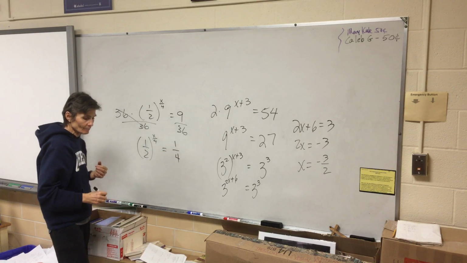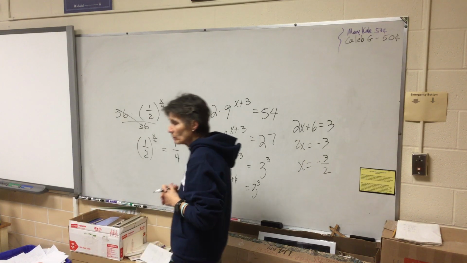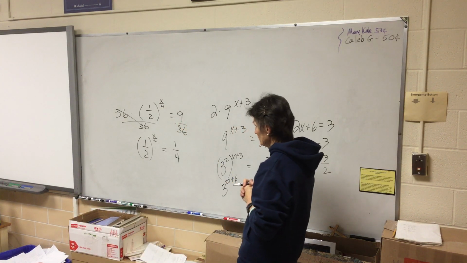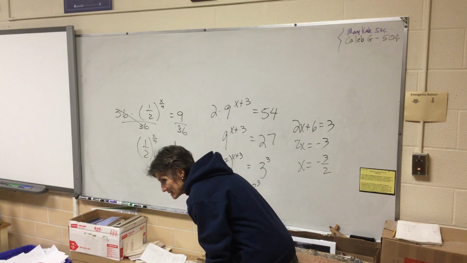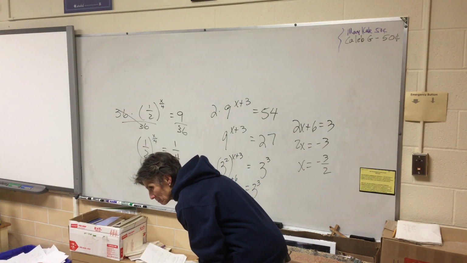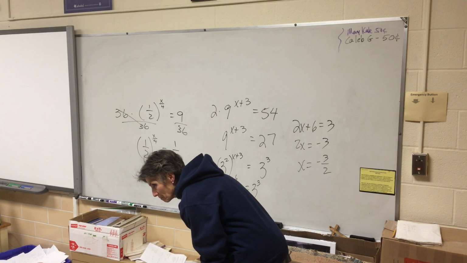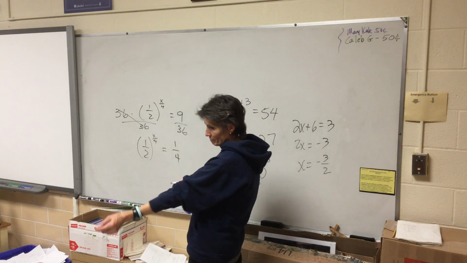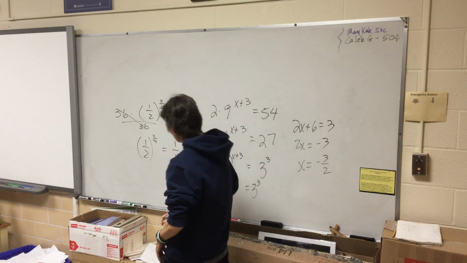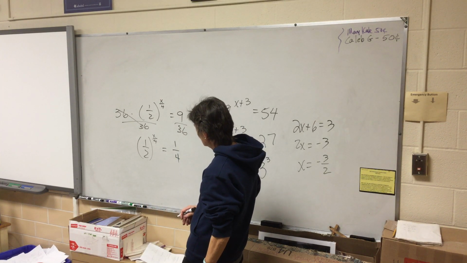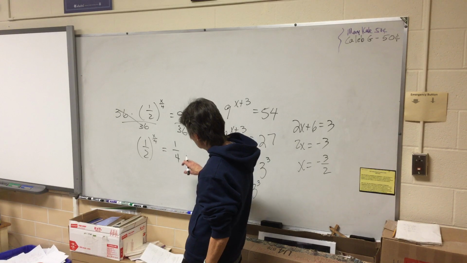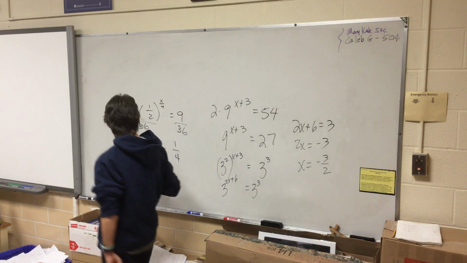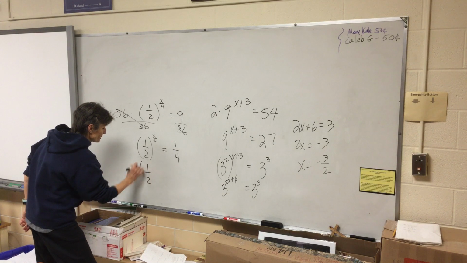Yeah. Now at this point we need a common base. Who sees a common base? Isn't it 1/4? Because you could take 1/2 to the 3rd, right? 1/2 is going to be your common base.